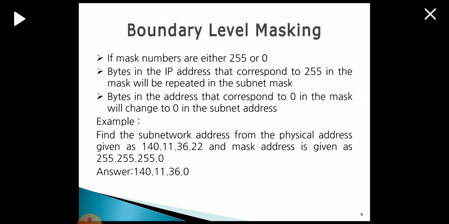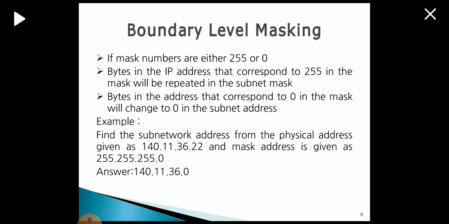Now we consider an example for boundary level masking, in which we have to find the subnet address from the physical address given as 140.11.36.22, and the mask address is given as 255.255.255.0.